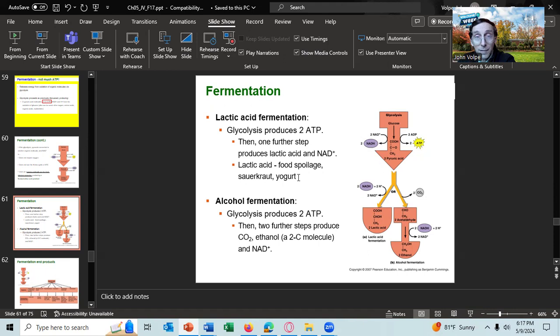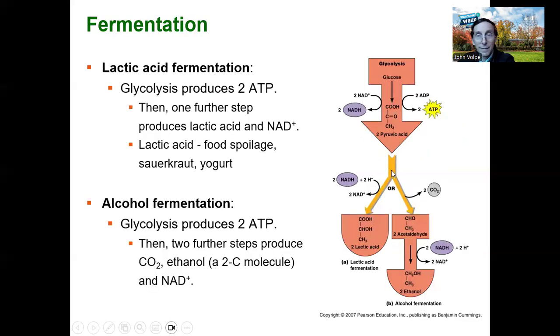Another common fermentation reaction is alcoholic fermentation, also called ethanolic fermentation, where glucose is converted to ethanol in 2 steps. So let me blow this up. Pyruvic acid is in 1 step converted to lactic acid in lactic acid fermentation.